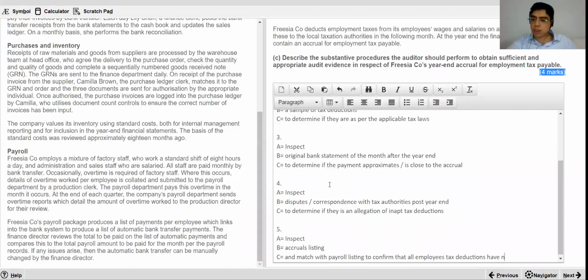Because if that is not the case, then potentially there's a problem or the accrual is incomplete.